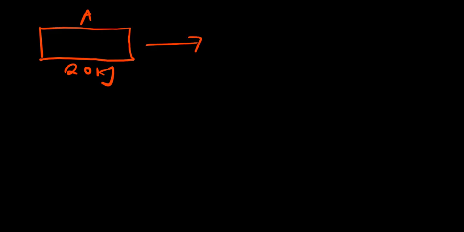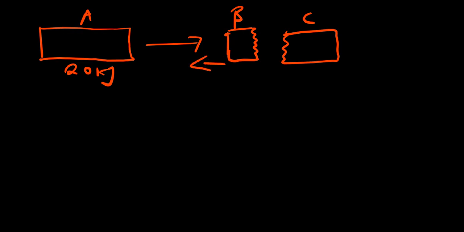When he hits it with his hand, it breaks into two. Let's say this is piece B, this is piece C. Now let's say this piece goes in this direction, the other one goes in that direction, if it is hit probably as close to the middle.